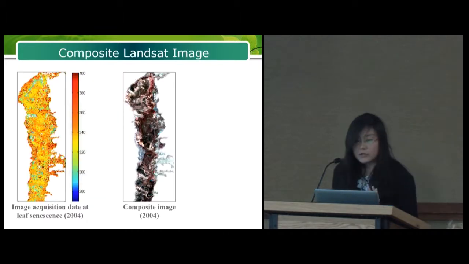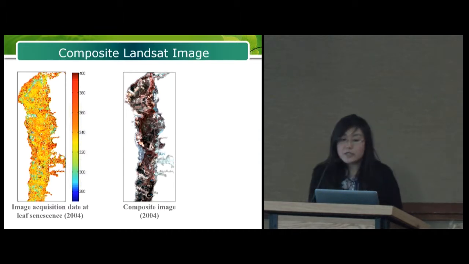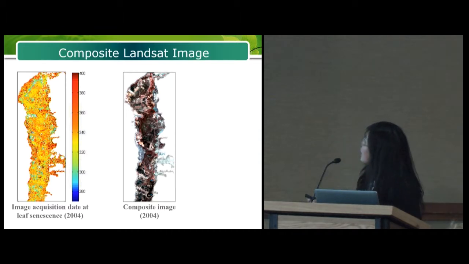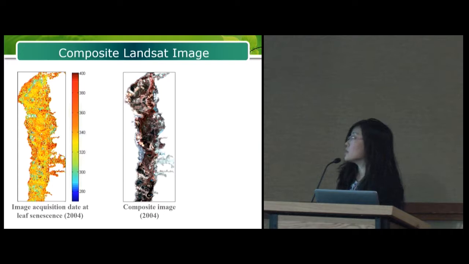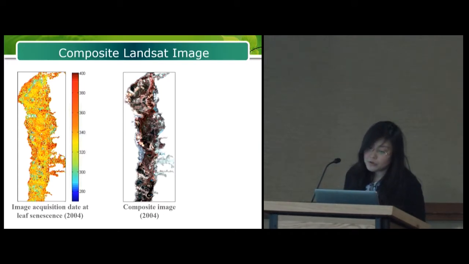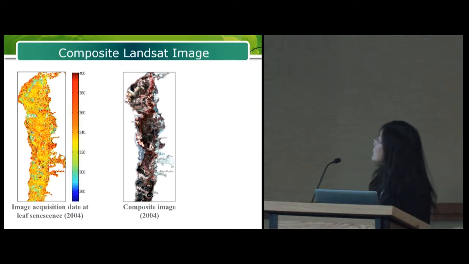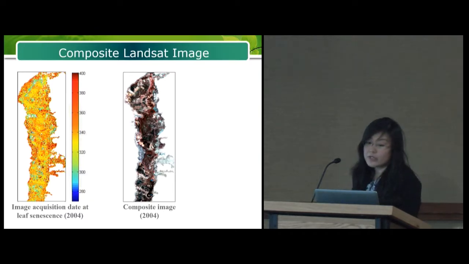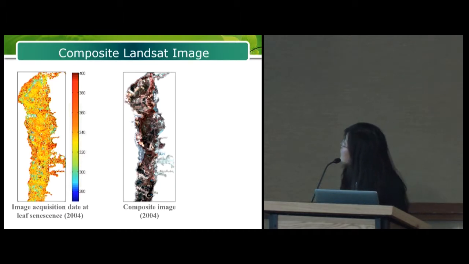By using these models, our purpose is to generate composite Landsat imagery. The composite basically means we want to optimize our mapping accuracy, because within a year we have so many images we could use. Which image is optimal depends on our purpose, which is the leaf coloration period.